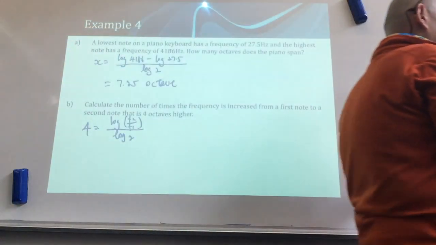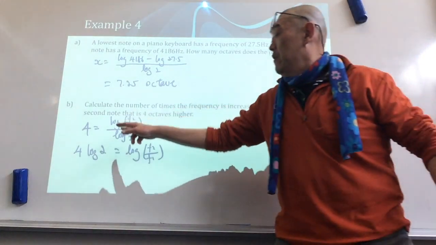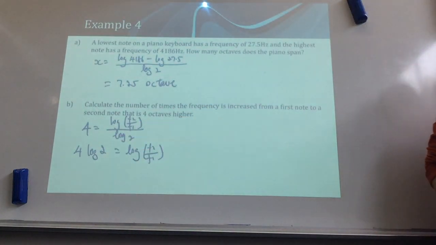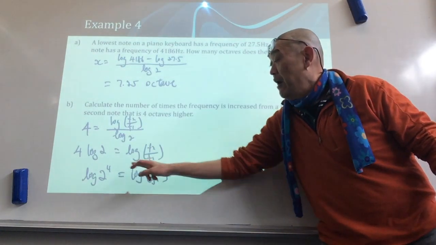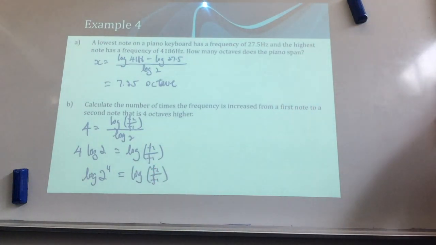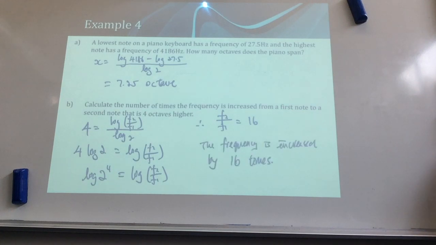Then 4 times log 2 is log of 2 to the power of 4. So f2 over f1 is 2 to the power of 4, which is 16, and therefore the frequency is increased by 16 times.